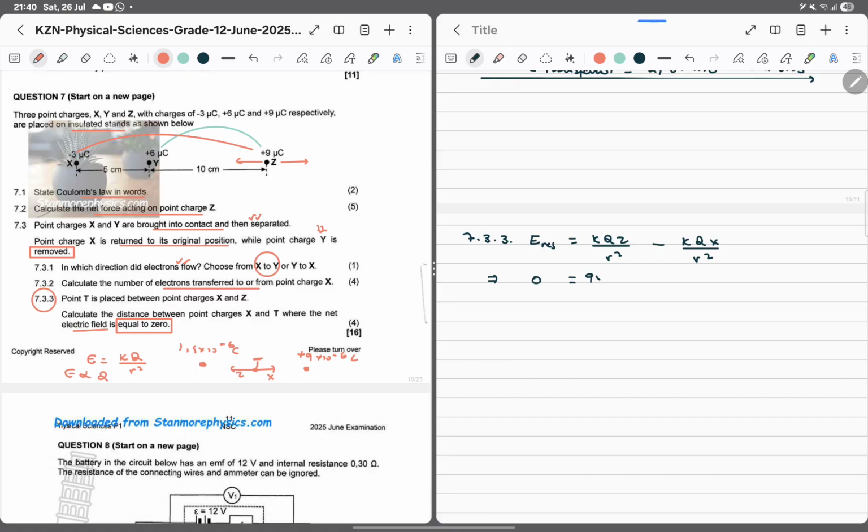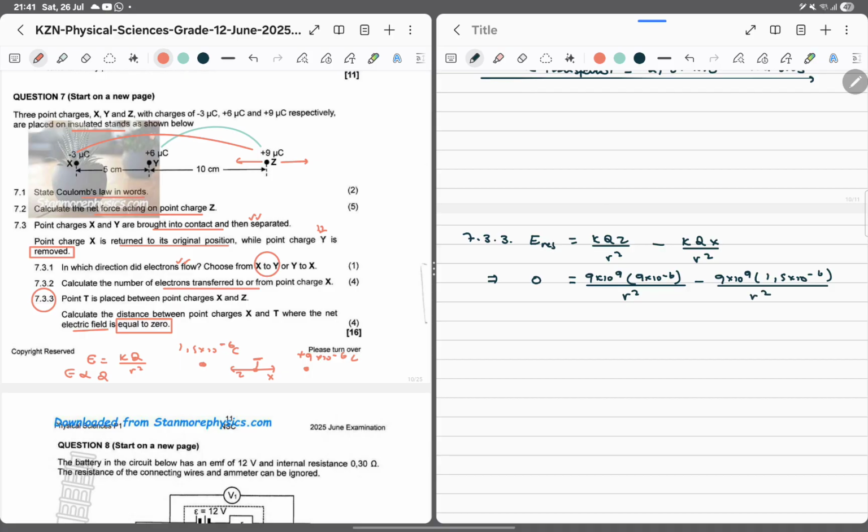So this is 9 times 10 to the 9 into 9 times 10 to the minus 6 divided by R squared, minus 9 times 10 to the 9, this time it's 1,5 times 10 to the minus 6, all divided by R squared.